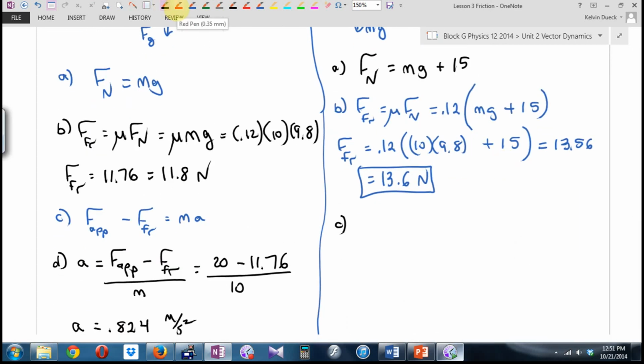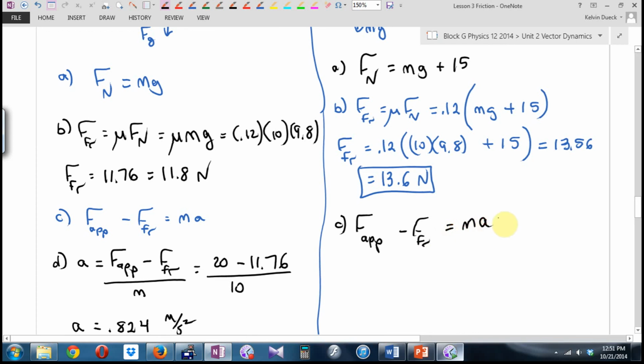Yep. Who's losing? Why don't I put mg or Fn in this equation? Because they're vertical and they don't go into a horizontal. Worth emphasizing from last unit too, but Naomi, it still matters. All your forces that are in a straight line go in the same equation. Don't be putting forces that aren't in that straight line. So, applied minus friction equals ma. Is that okay, Jenny? Okay.